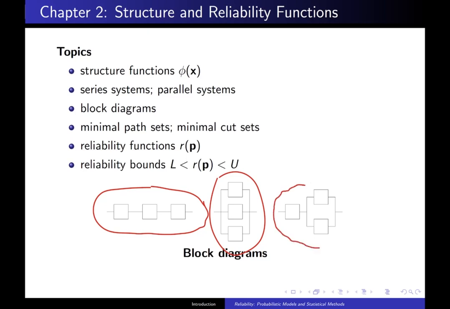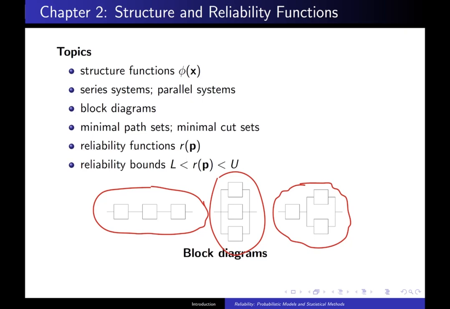And finally, the last one is neither series nor parallel. You can see there is 1 component at the left, and it is arranged in series with a parallel subsystem of 2 components. So those 3 are examples of reliability block diagrams. We also look into minimal path and minimal cut sets.